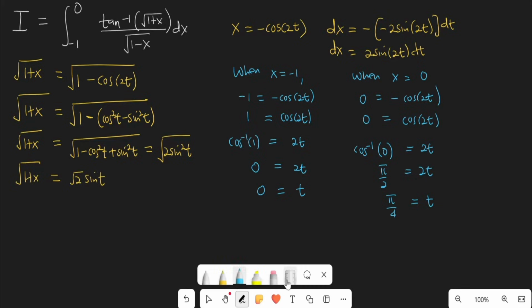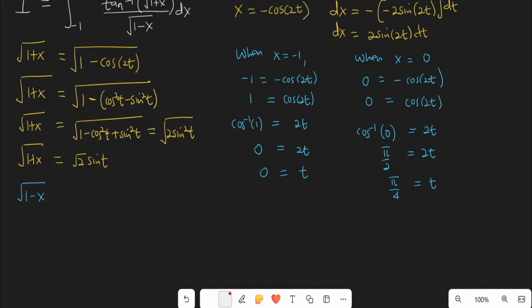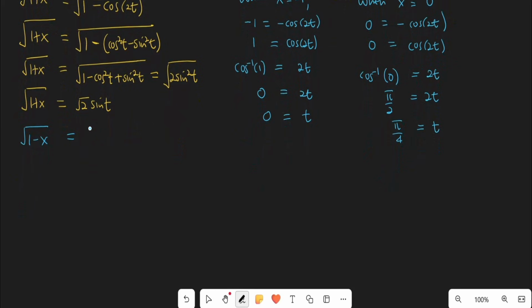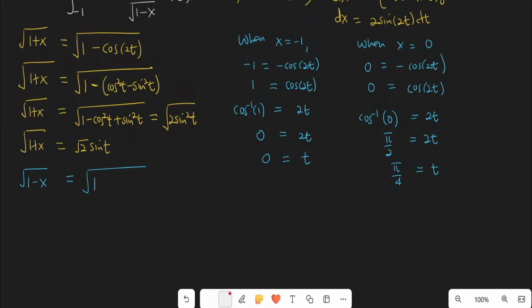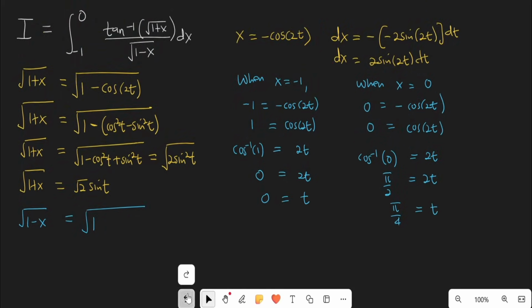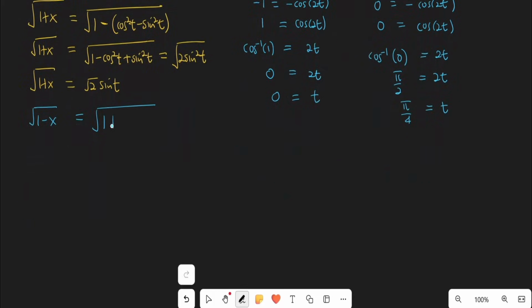Now, in similar fashion, let's try to find an expression for the square root of 1 minus x at the bottom. That is equal to the square root of 1 minus x, but x is already negative cosine of 2t, so that is going to be positive now, cosine of 2t. So we have the square root of 1 plus cosine of 2t.